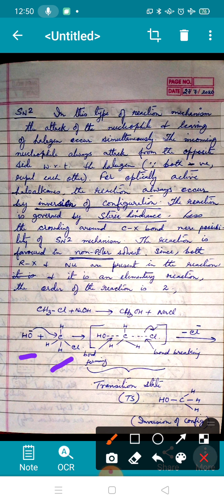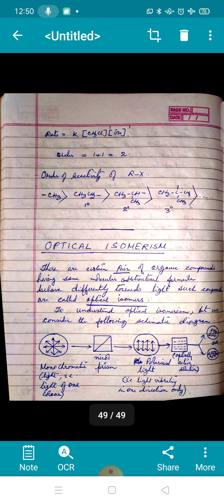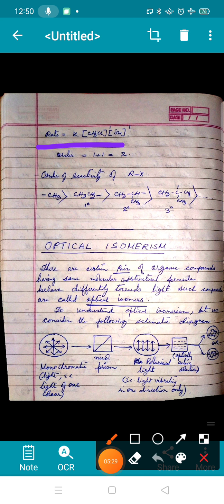As a result, the rate of the reaction is calculated using this formula: R equals K into the concentration of CH3Cl and the concentration of OH minus. Now the powers of the concentration terms are both 1. So the order of the reaction will be 1 plus 1 equal to 2. And that is why we call it a second order reaction. So that's how we name it the SN2 reaction.